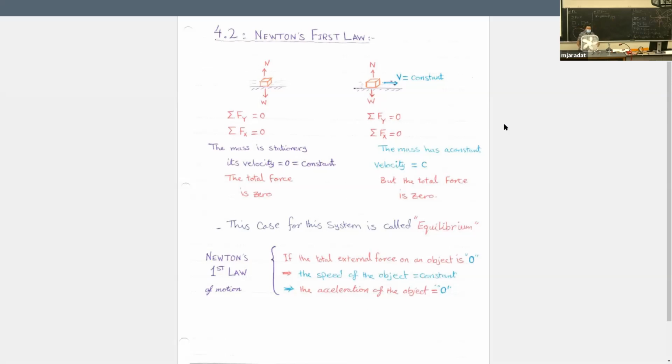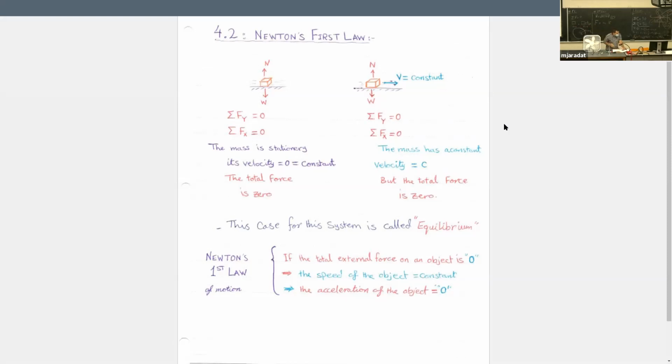If I apply the same force on this bigger mass, it will not accelerate and move just like this one. So there is a relation between the force, the mass, and the acceleration. This relation is Newton's second law. Simply, F applied is equal to the mass multiplied by the acceleration.